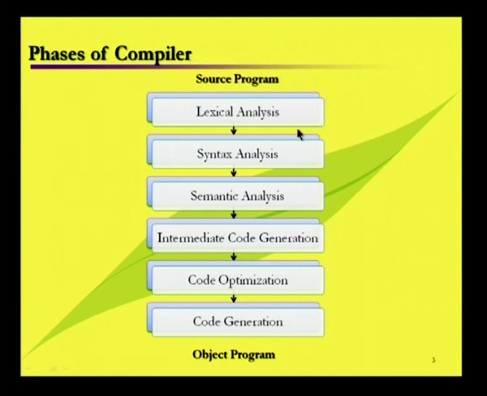The tokens produced by the lexical analyzer will be given as input for the syntax analyzer, and the syntax analyzer produces the output which is going to be used by the semantic analyzer, and the semantic analyzer does the job of producing intermediate code, and the intermediate code is subjected to code optimization, and this optimized code will be given as input for the code generation phase, and the code generation phase will write the output into the object program. This is what the various phases of compilation are.